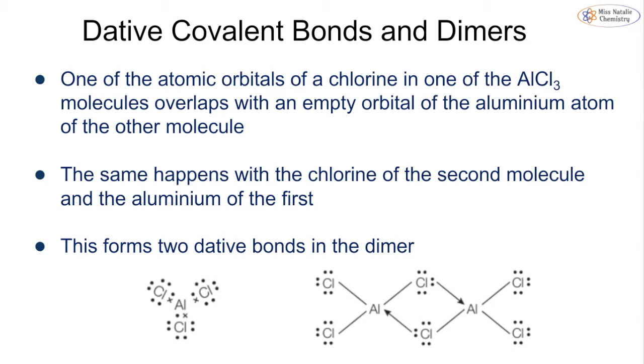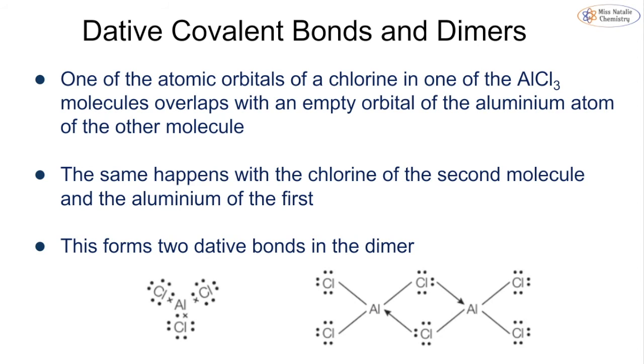I'm going to show you what this looks like. So one of the atomic orbitals of a chlorine overlaps with the empty orbital of the aluminium. Remember that each of the 3 electrons in aluminium are going to be bonded, but we know that the third shell can hold 8 electrons when we're looking at the p orbitals and the s orbitals.